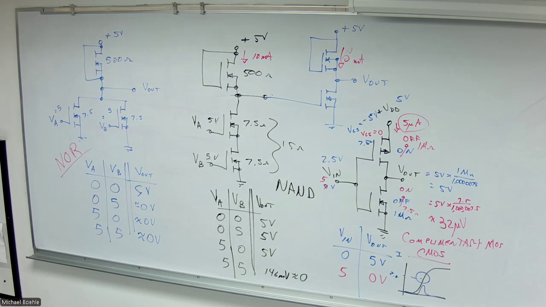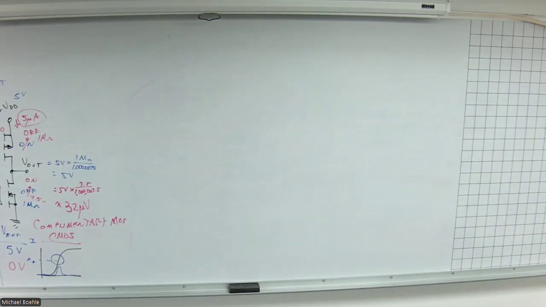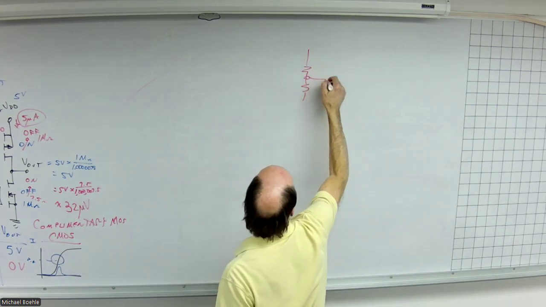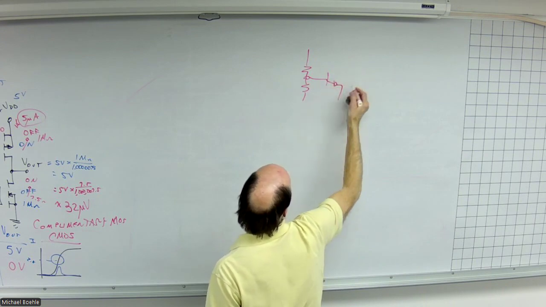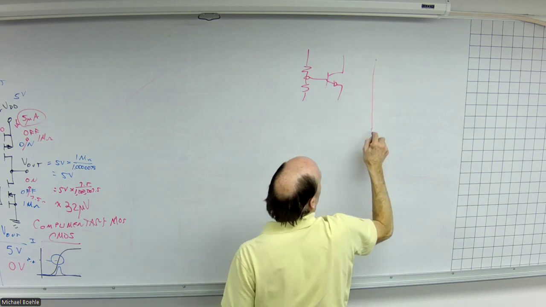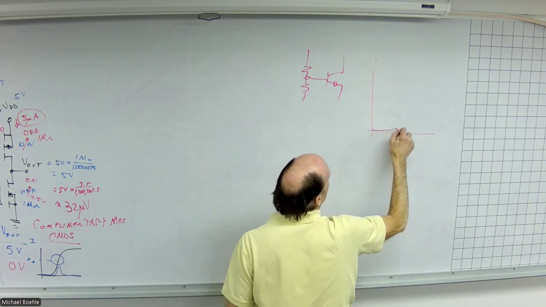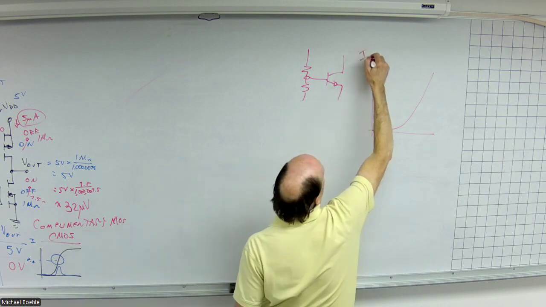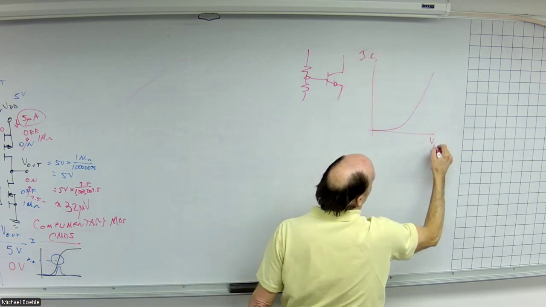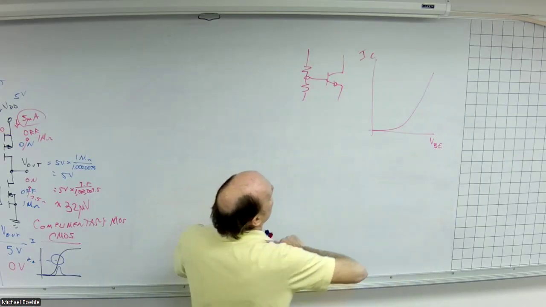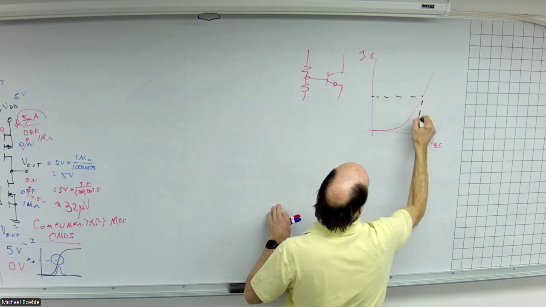One of the problems that we had with transistors is when we bias a transistor, just as a switch or whatever we're doing, we are operating on this type of curve, where we look at, say, the collector current versus the base emitter voltage, and we're operating here.